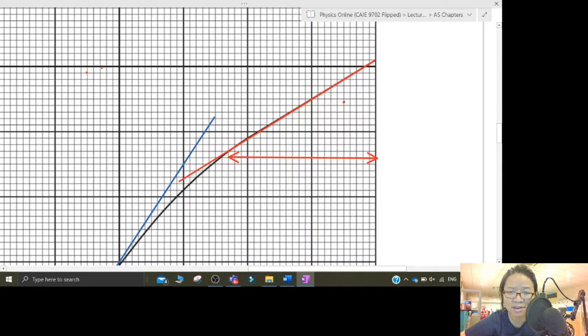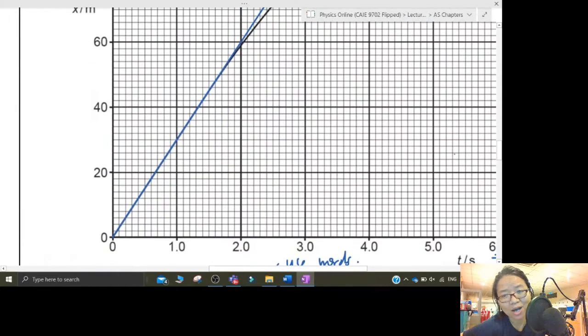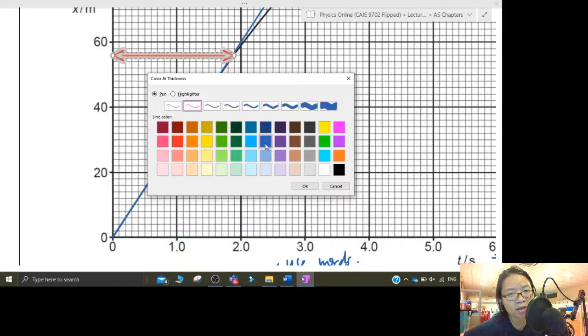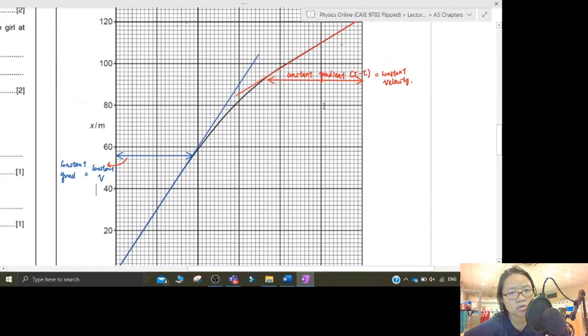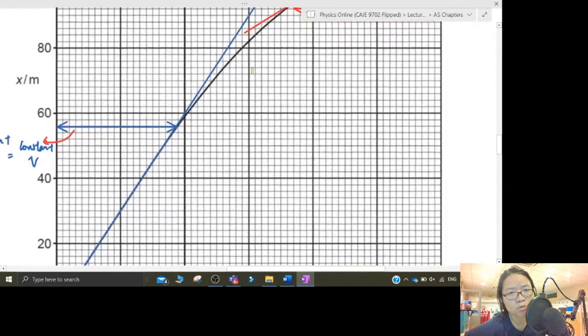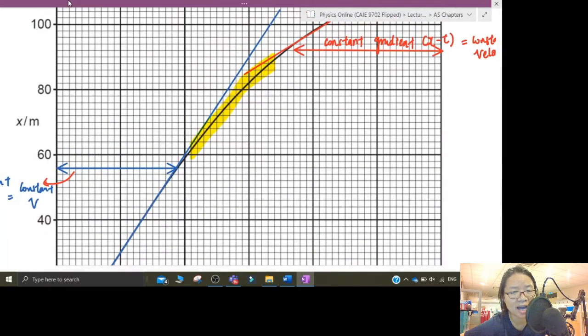So in real life, when you're doing this paper in the exam, constant gradient here of your xt graph means that this is constant velocity. Use a ruler, okay? You can tell when the curve leaves the ruler. So from here to here, the same thing happens as well. You can see that the graph is somewhat a straight line, so here you will have constant gradient, which is constant velocity. So initial and final velocity is the same, only the middle portion here that I highlight.